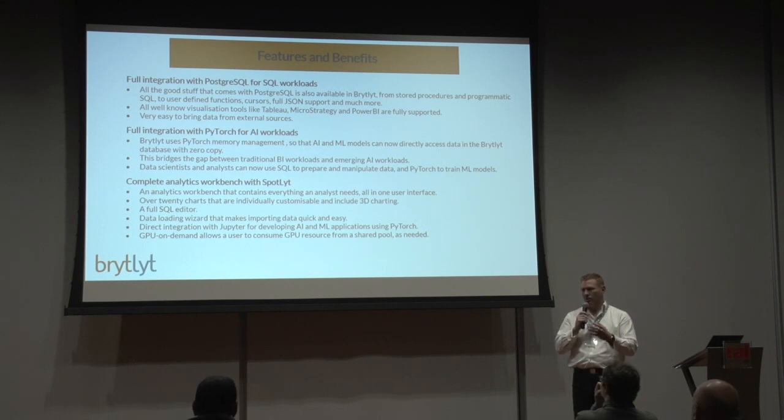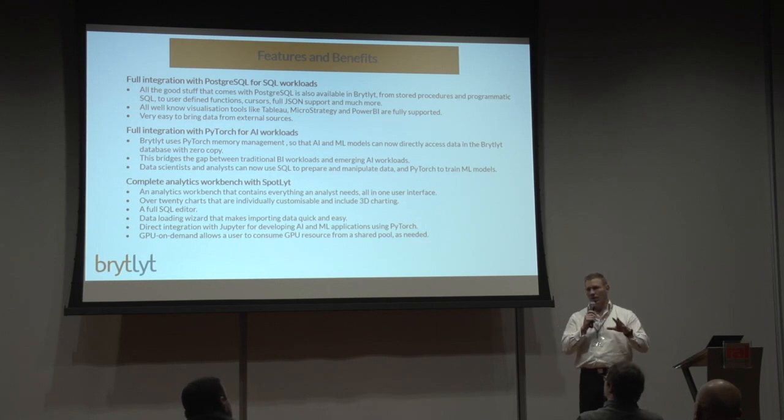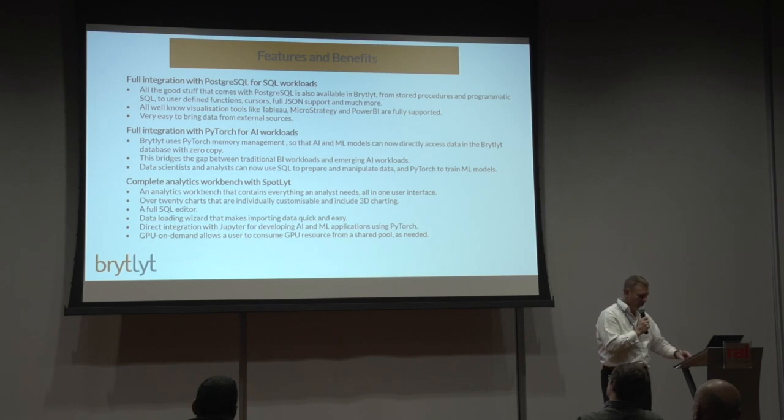So we've taken PyTorch, the memory management module within it, extended it and enhanced it, tied it into our Postgres capability. And so you can run SQL workloads on GPU using Postgres, and then immediately start running PyTorch workloads on the data in those columns without needing to copy it out of the columns even. So PyTorch believes that those columns are actually its own tensors.